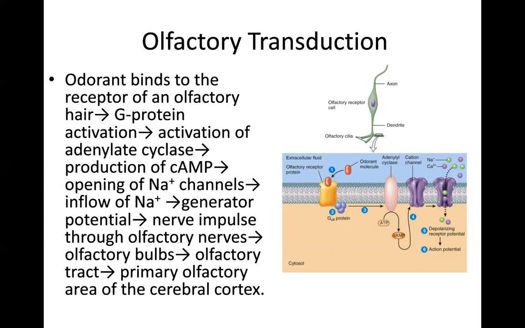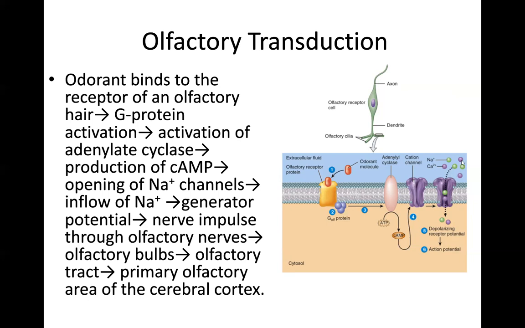First things first, we need the chemical that we're smelling, what we call the odorant, to bind to a receptor, shown right here in yellow or orange. Which then activates what's called a G protein. It's just like a domino effect. This protein activates an enzyme called adenylate cyclase, or adenylyl cyclase, same thing, which then triggers ATP to be converted into cyclic AMP, which then triggers a cation channel to open up.